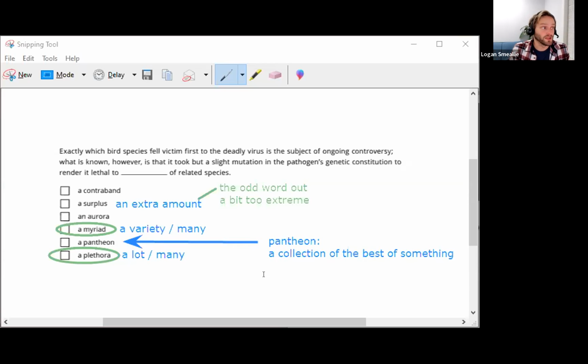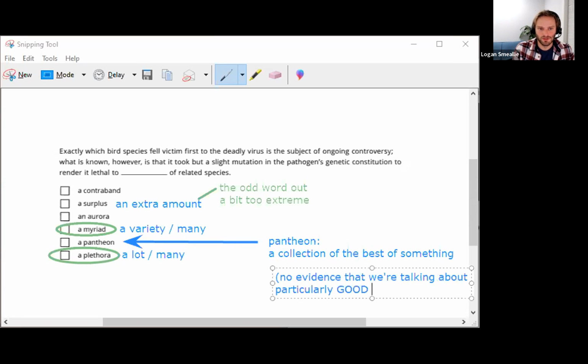A pantheon of related species would be implying that it's a specific group of them, but it's actually an elite group, a particularly respected group of these bird species. So this is a classic case of, it makes sense in the sentence grammatically, but there's no evidence that we're talking about particularly good birds. These poor birds who are getting this virus.